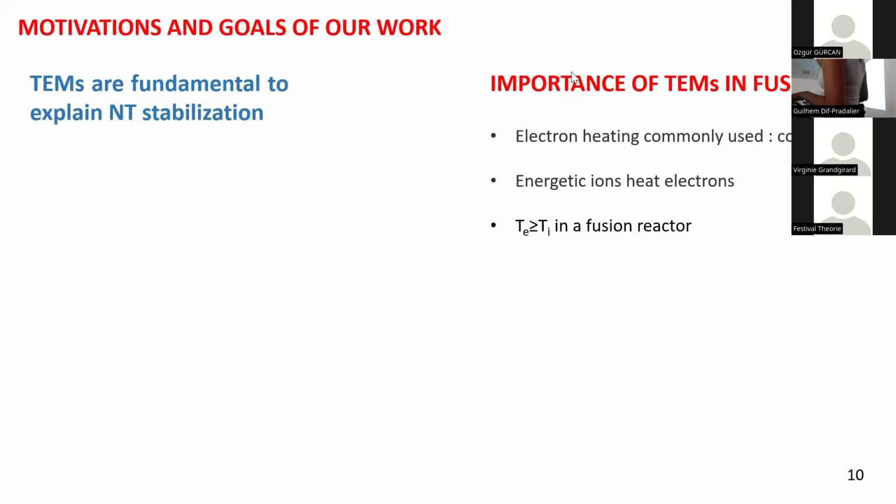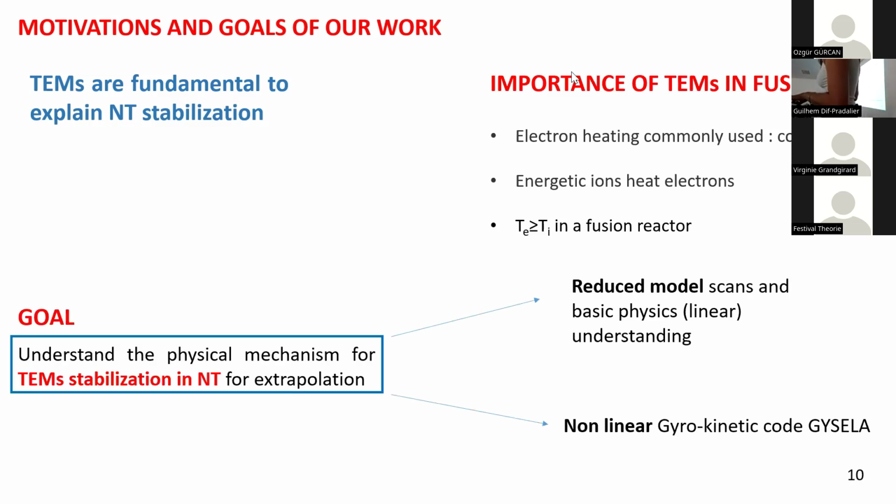Furthermore, they are important in fusion because electron heating is commonly used, energetic ions heat electrons, and in a fusion reactor, the temperature of electrons will be either higher or the same as the temperature of the ions. In all this framework, our goal is to understand the physical mechanism for stabilization of Capelletto modes in negative triangularity for extrapolation towards reactor-relevant configurations.